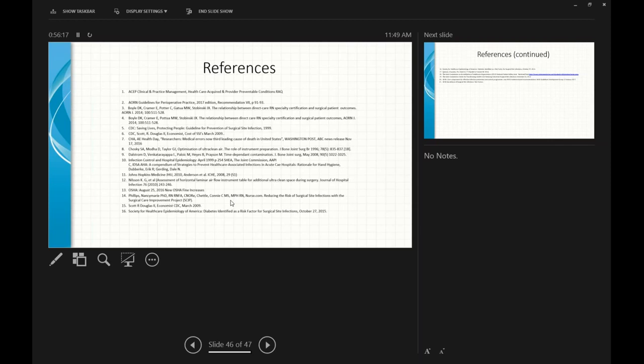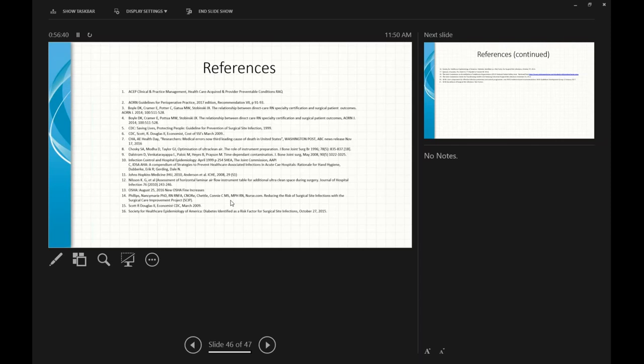Okay, and what does AORN say about having fluids on a table that will be covered? I don't know. That I can't tell you. I think that would be a good question to ask during the period of public comment.